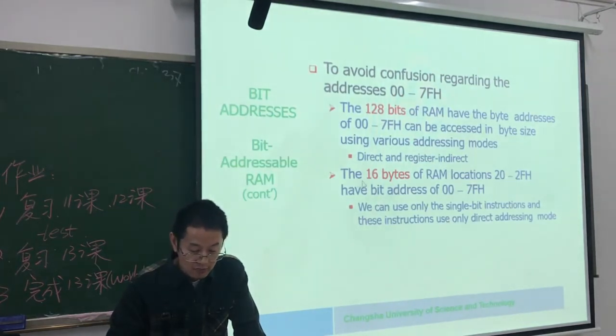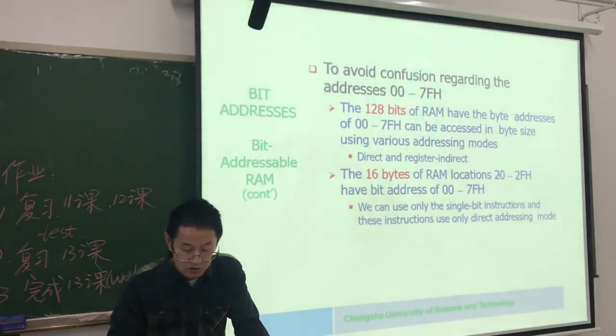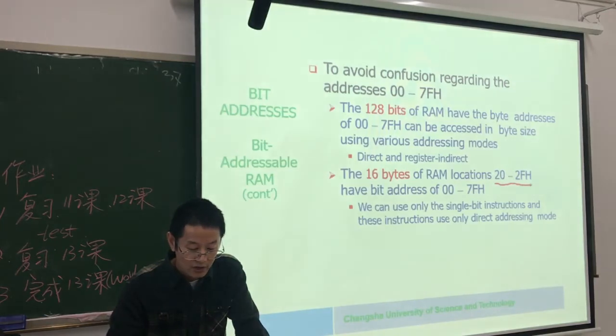The 16 bytes of RAM locations 20 to 2FH have bit addresses. We can use only single bit instructions, and these instructions use only the direct addressing mode.